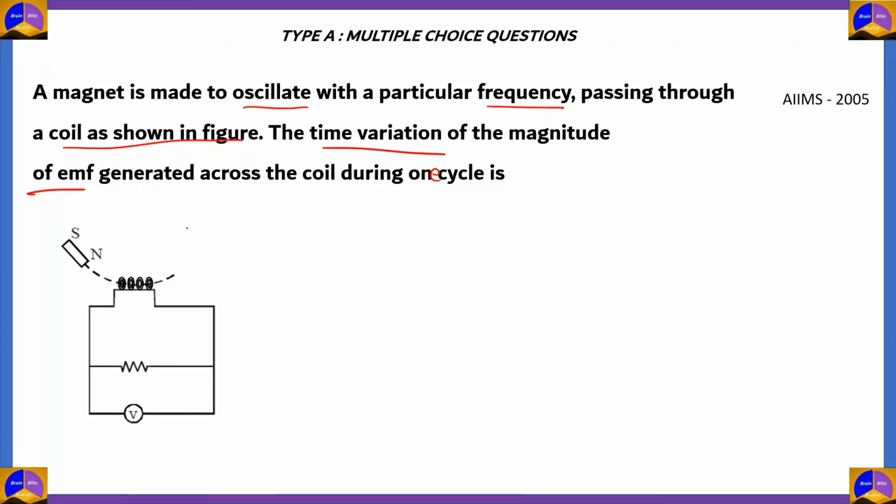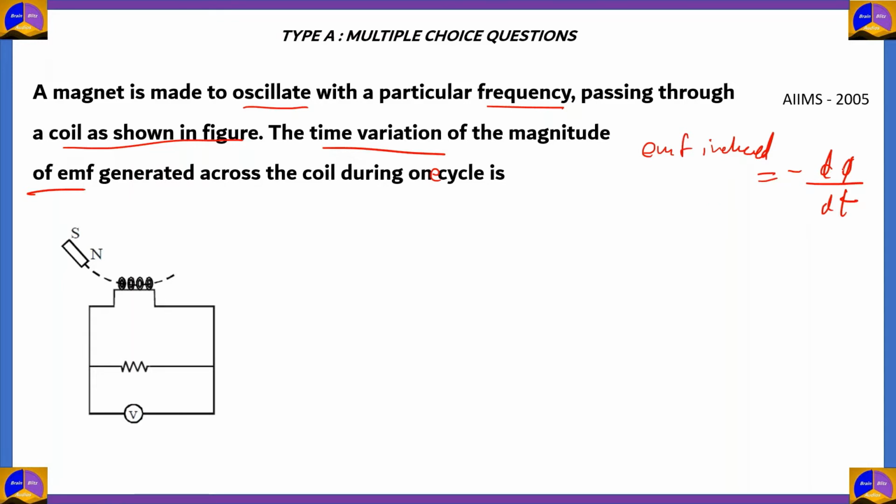Now, we all know that the EMF induced has the formula minus d phi by dt. And this question is basically about direction, so there's no need for finding out the magnitude, just the direction would do.